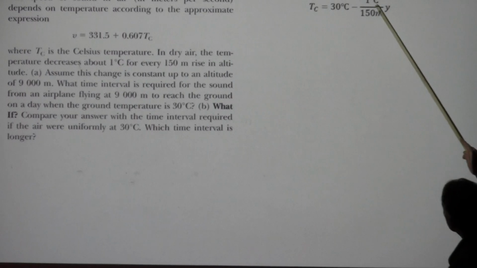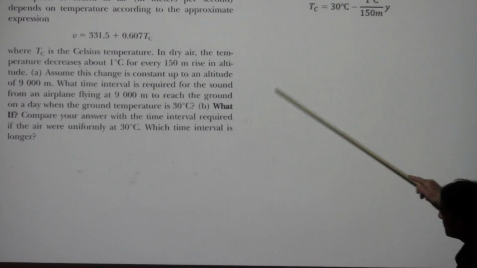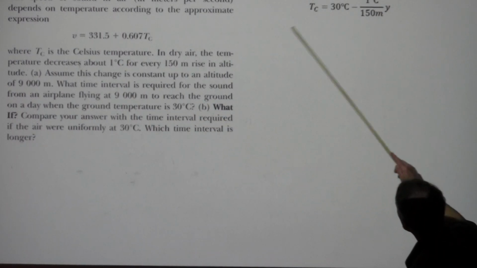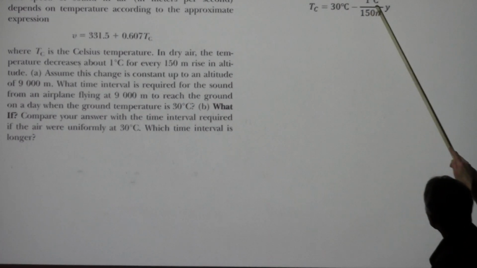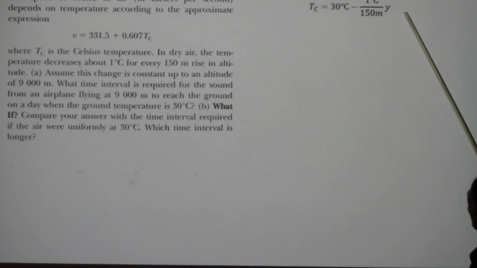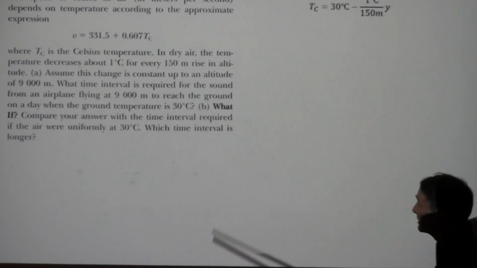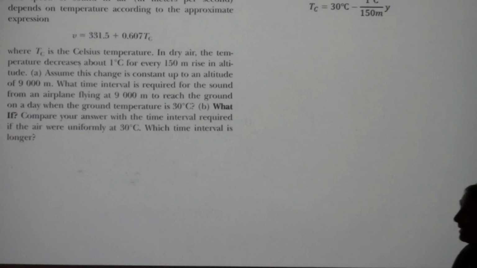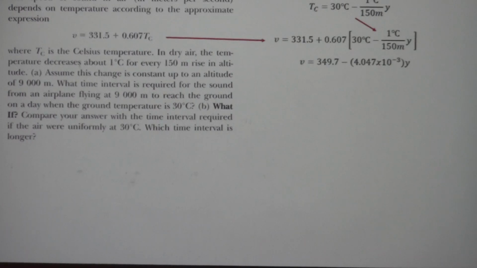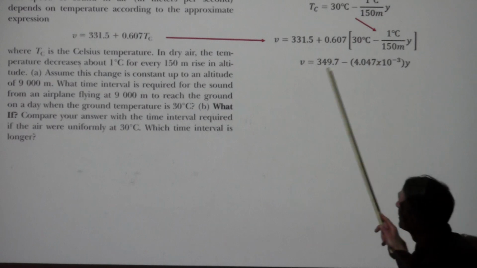So this is kind of the rate. In this problem, we're going to start at 30 degrees on the ground, and then we're going to be decreasing as we go up. So we really need to write this equation. This is where you read this, and then you write the math. And then we can take these two ideas and put them together.